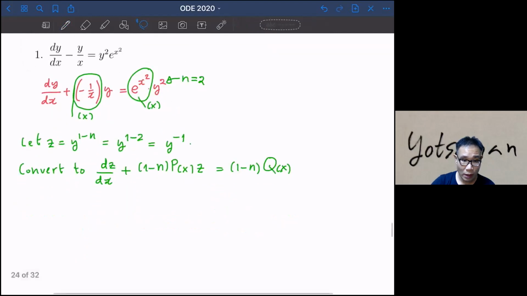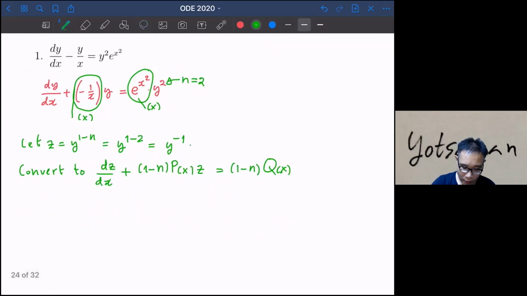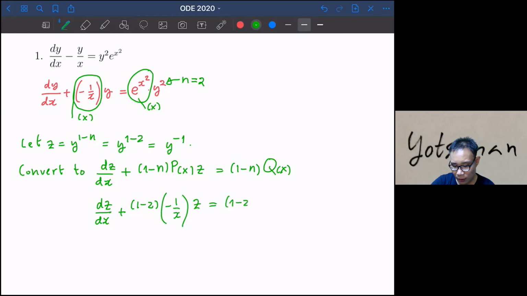and you're going to put everything in. So you have dz/dx plus (1 minus n), which is 1 minus 2. P(x) is going to be negative 1 over x, z equal to (1 minus 2) times Q(x), which is e to the x squared.